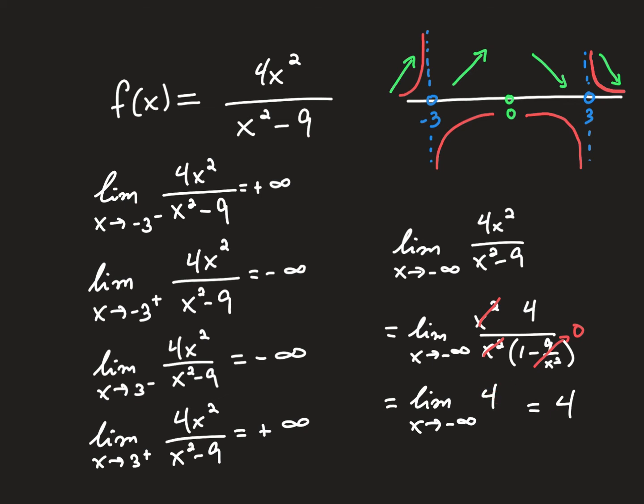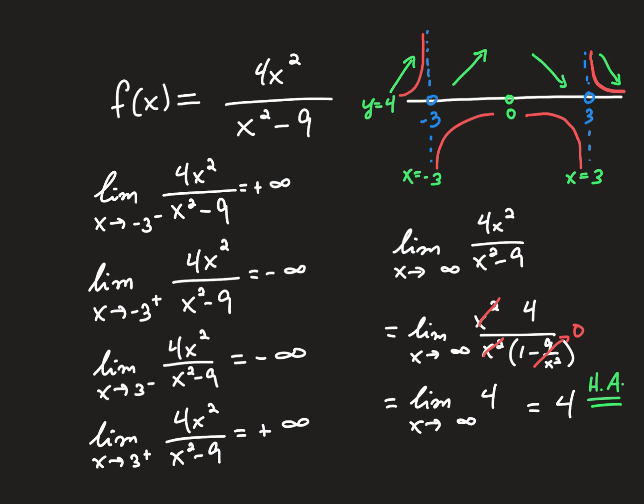So that's still just going to give us 4. 4 is constant. So that means 4 is going to be a horizontal asymptote. The analysis is exactly the same if it's positive infinity. It works out the same way. So that means y equals 4 is a horizontal asymptote. And I'll label that here. This is going to be the line y equals 4, which is going to be our horizontal asymptote. And just to remind me, x equals minus 3 and x equals plus 3 are vertical asymptotes.